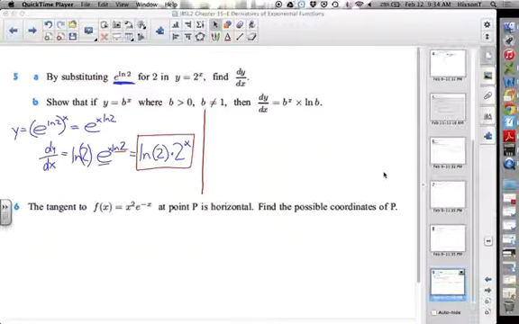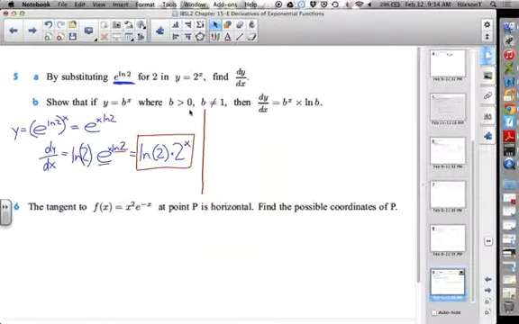So you can see here, the second part is saying, show that if y equals b to the x, where b is positive but not 1, then the derivative is b to the x times the natural log of b. Well, here it worked. We have 2 to the x times the natural log of 2. So they want us to then use the process that we used on part A to prove that it works no matter what the base is.